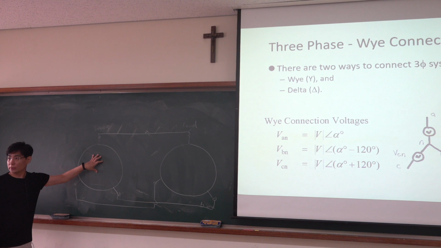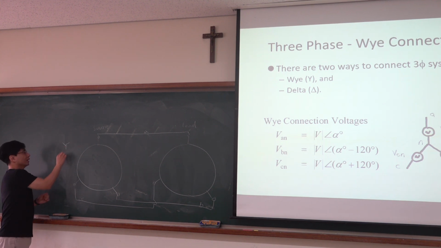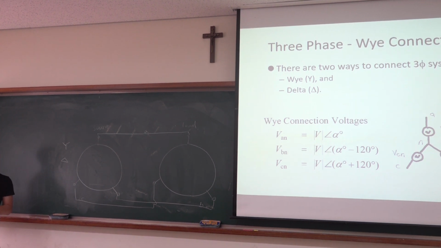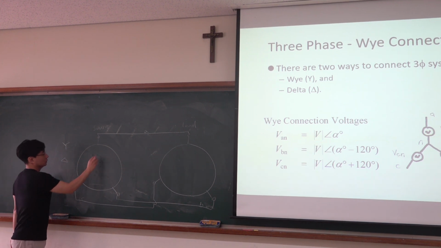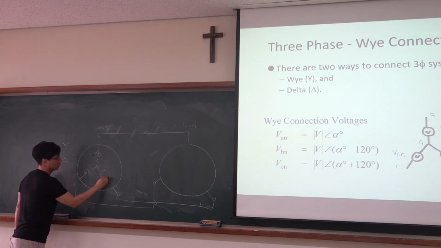You remember that, right? Y connection and delta connection. Y versus delta. You see Y connection and delta connection, right? So in the case of Y connection, here we have a neutral point, one generator, another generator, the other generator like this.